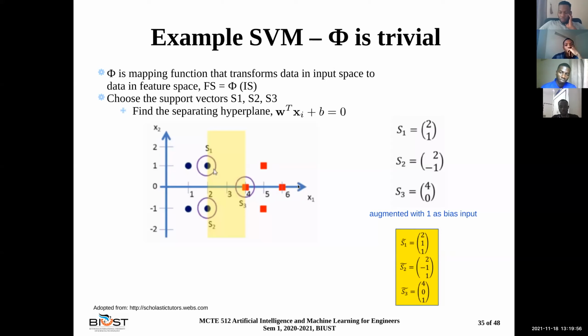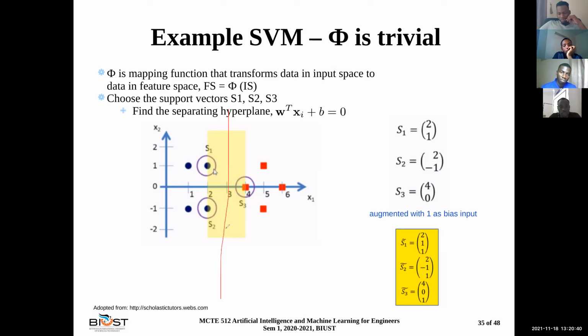For now, we say that for a case of linearly separable data, so what is linearly separable data? That means that we can draw a line to separate the two groups of input data. So in this case, for linearly separable data, your phi or your mapping is trivial because your input space is the same as the feature space.